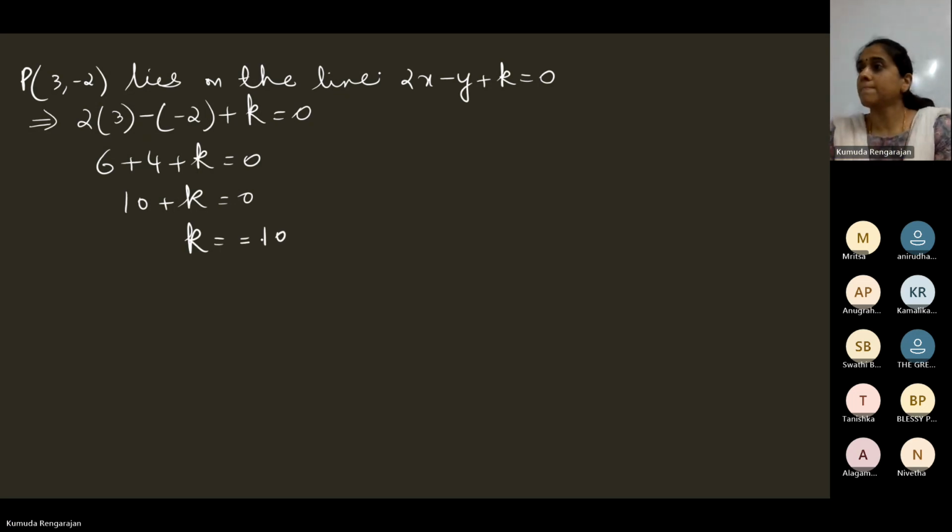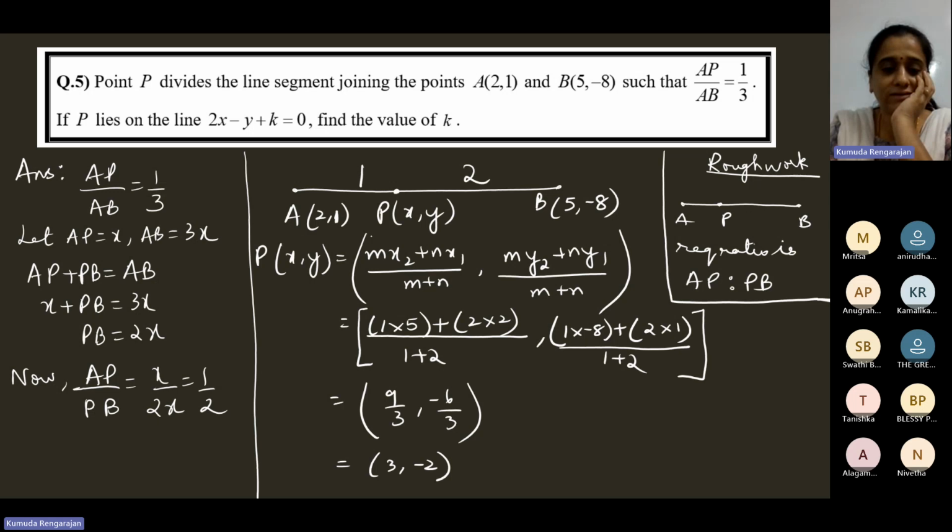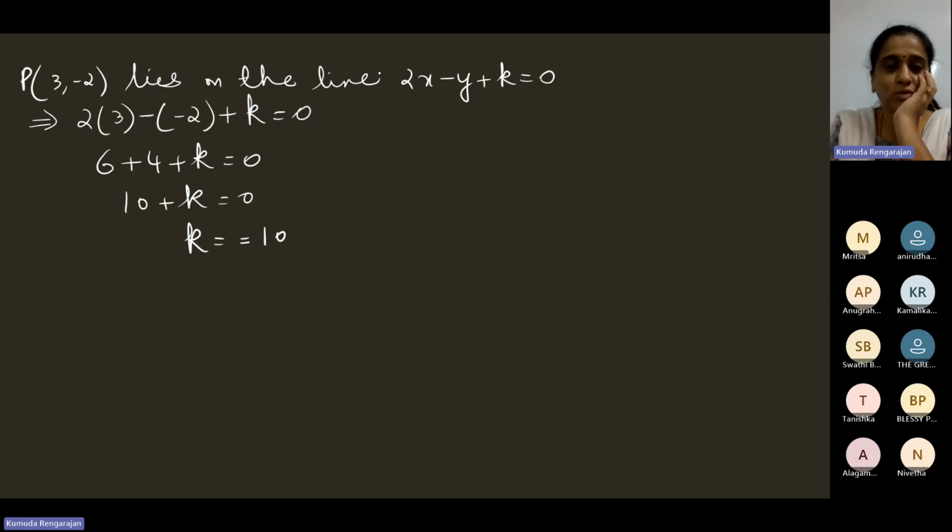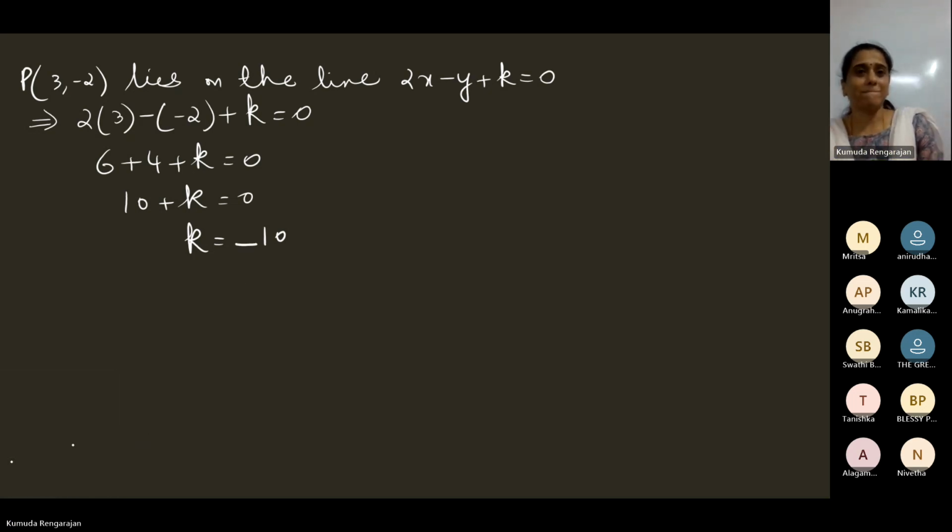Correct. What did I do? 3 minus 2. 2x minus y plus k is equal to 0. 2 into 3 minus 2.